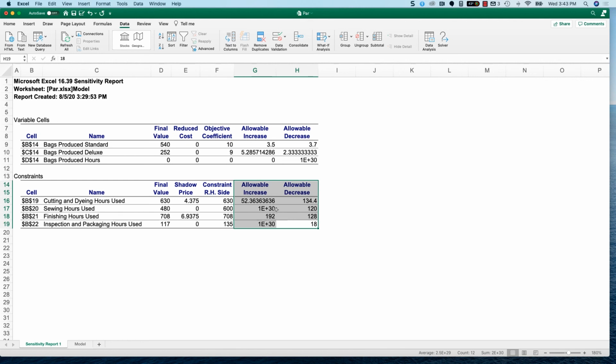As I look at these numbers, we did not have a lot of wiggle room with sewing hours, and we didn't have a lot with inspection and packaging hours as compared to the other areas. So that is a sensitivity report in a nutshell. It shows you how sensitive the variables, the coefficients, and the values are to change when you're trying to figure out the optimal solution.